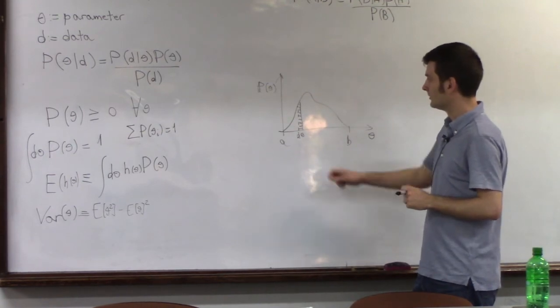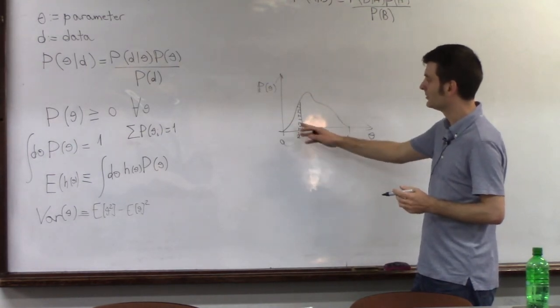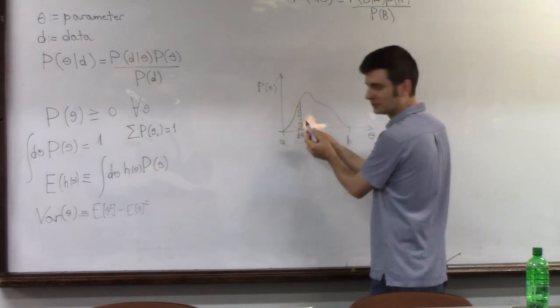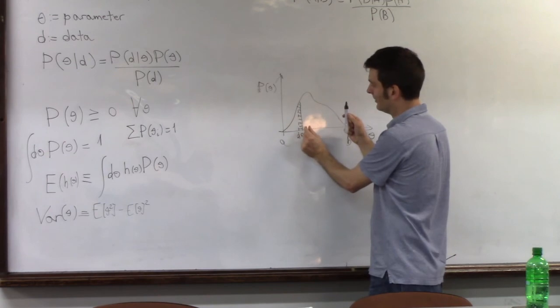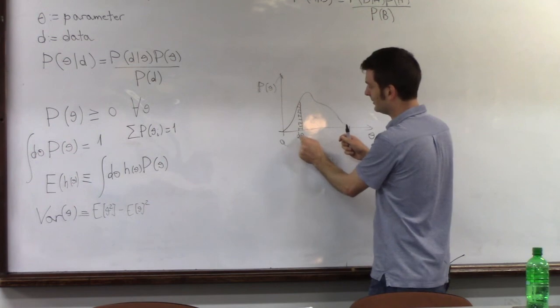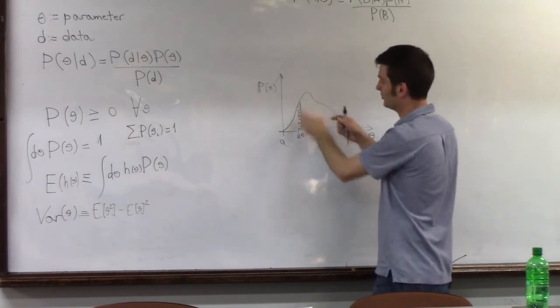So, we want to draw numbers with a probability that's proportional to this area. The probability of having numbers between theta and theta plus d theta must be proportional to the area.